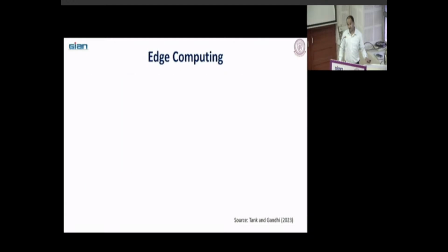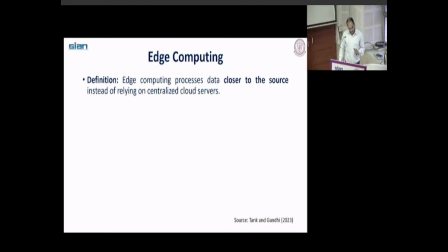Then the next one is edge computing. Edge computing processes data closer to the source. Source means the data source, or the device that you are using to collect the data. So edge computing processes the data closer to the source instead of relying on centralized cloud servers.